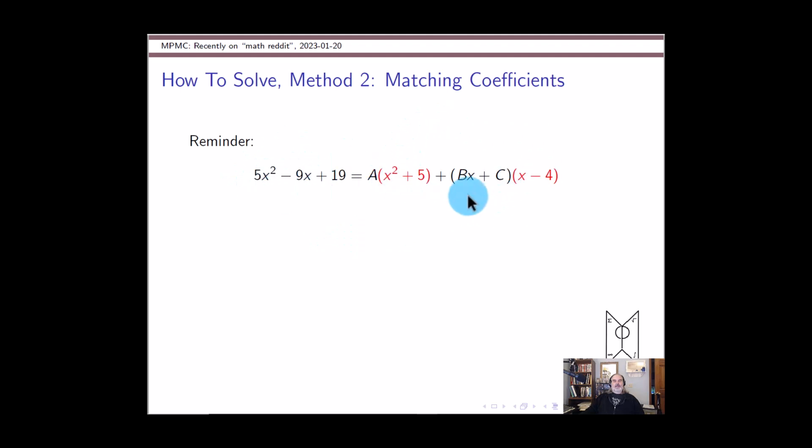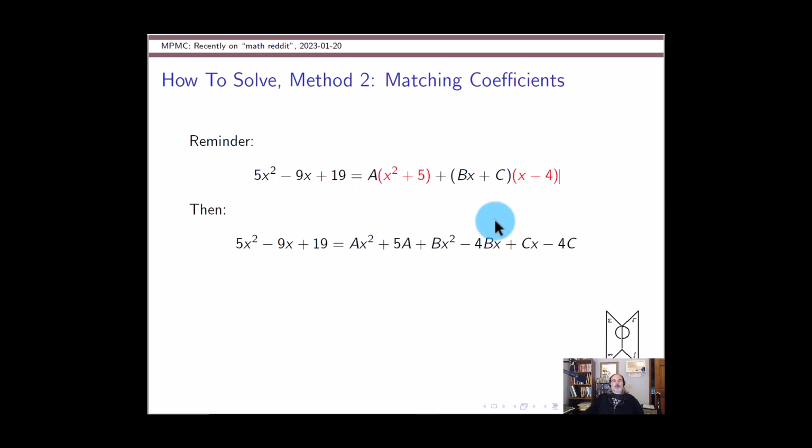If we multiply everything on the right-hand side out and collect our terms, collect our powers of x, there will be a quadratic polynomial over here whose coefficients will be in terms of a and b and c. And each of the coefficients on the right has to be equal to the corresponding coefficients on the left. So we can match those up and solve.